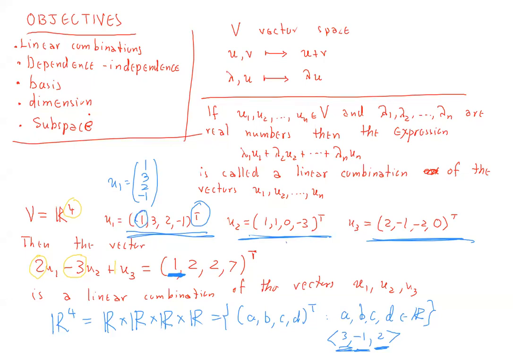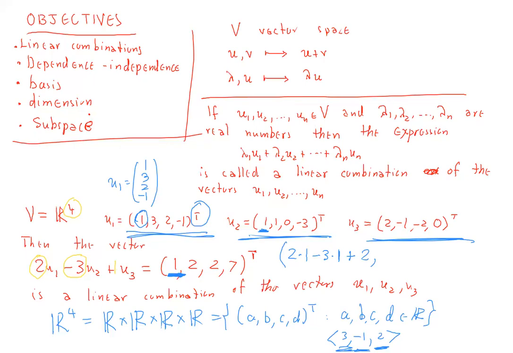So in other words, in the first coordinate, you would have had 2 times 1, which is the first coordinate of the first vector, minus 3 times 1, because the first coordinate of the second vector is again 1, as you can see here, plus the number 2, which is the first coordinate of the last vector. And then you do this for all 4 coordinates. Okay, and that's how you get 1 here.